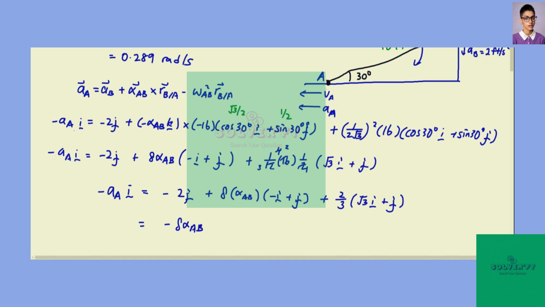It's minus 8 alpha AB plus 2/3 root 3 for I, plus minus 2 plus 8 alpha AB plus 2/3 root 3, sorry, just 2/3, for J.